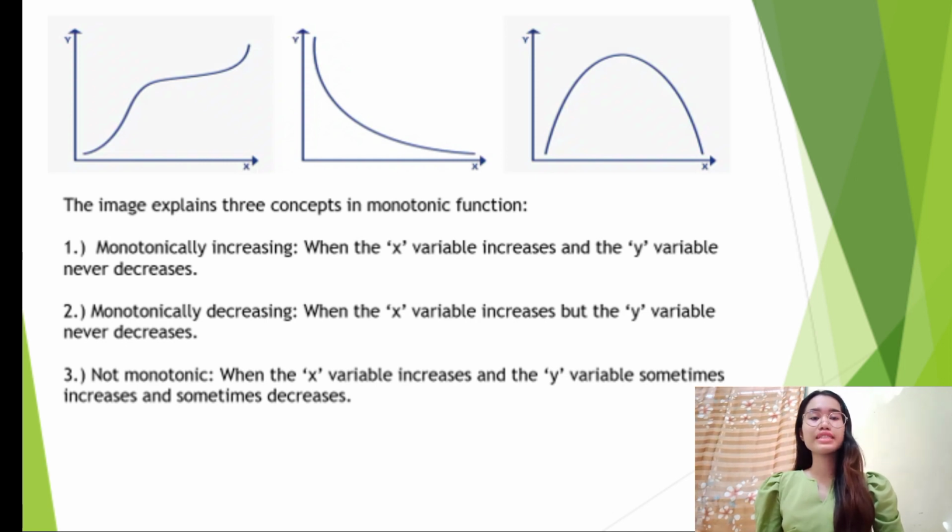The first graph explains monotonically increasing, when the x variable increases and the y variable never decreases. The second graph explains monotonically decreasing, when the x variable increases but the y variable never increases. And the third graph explains non-monotonic, when the x variable increases and the y variable sometimes increases and sometimes decreases.